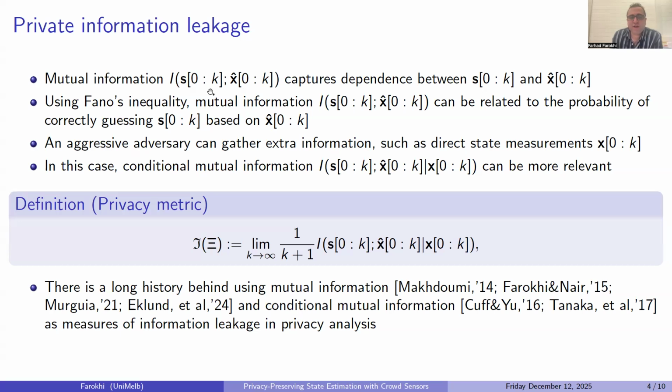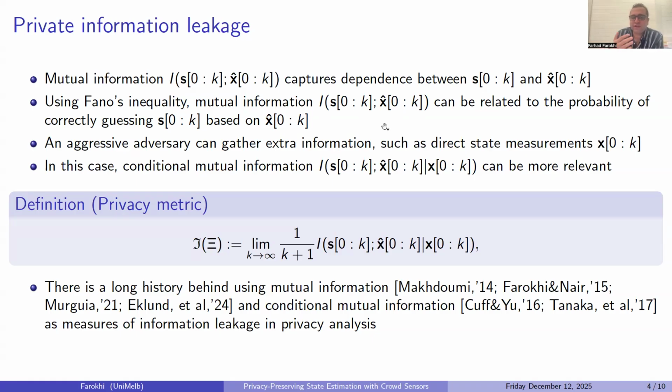The motivation behind using mutual information is a fano inequality that enables us to show that if an adversary is trying to guess or estimate the identity of the sensor's sk, the probability of correct detection relates to the mutual information and conditional entropy of this variable.